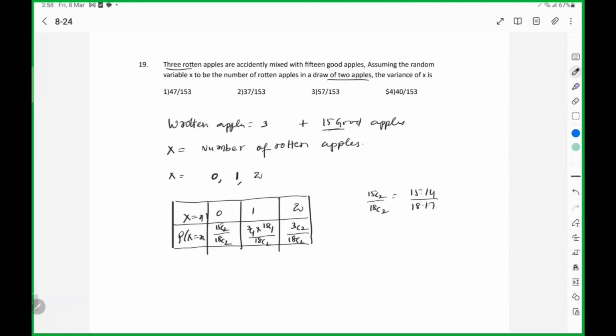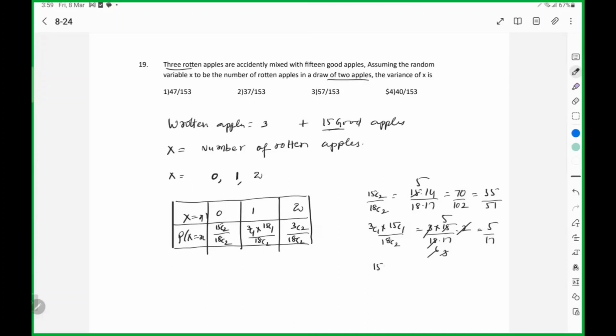You get 35 by 51. 3C1 into 15C1 by 18C2 is 3 into 15 by 18 into 17 by 2. Here it is 5 by 17.